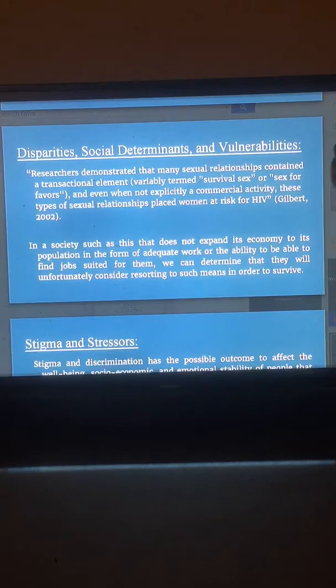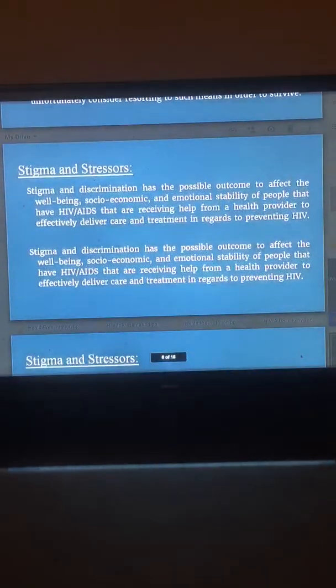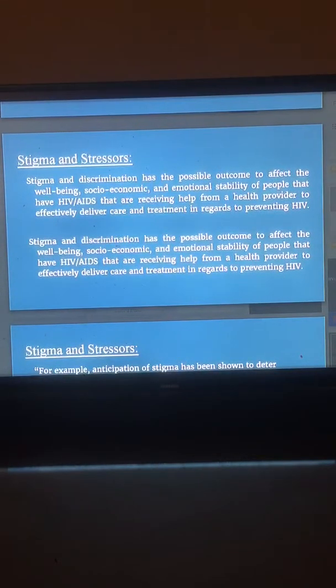You still see these individuals having to rely on sexual activity for money to basically provide for themselves and for their families. And some of the stigma and stressors that go along with it basically are those jobs, those situations that place people in dangerous situations to be exposed to HIV.